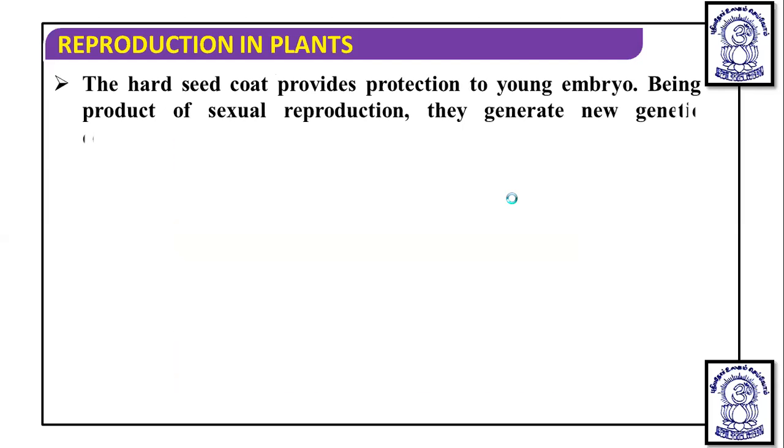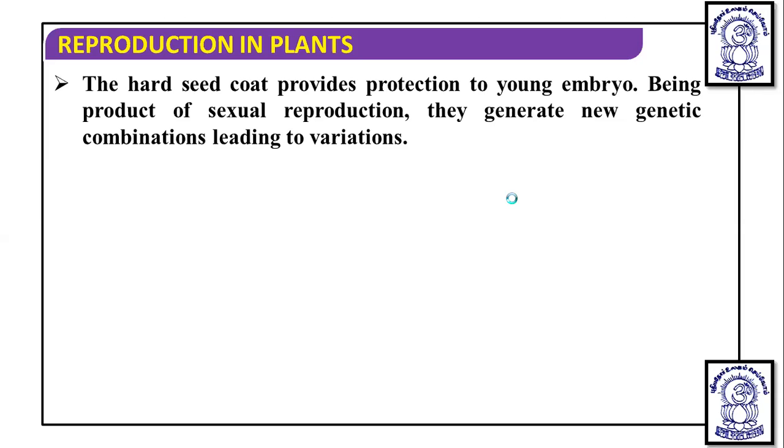Hard seed coat, we have seen that due to the hard seed coat also the embryo cannot come out of the seed. Apart from this, the hard coat also provides some beneficial mechanisms, like they provide protection to the young embryo. And seed, being a product of sexual reproduction, generates new genetic combinations leading to variation.